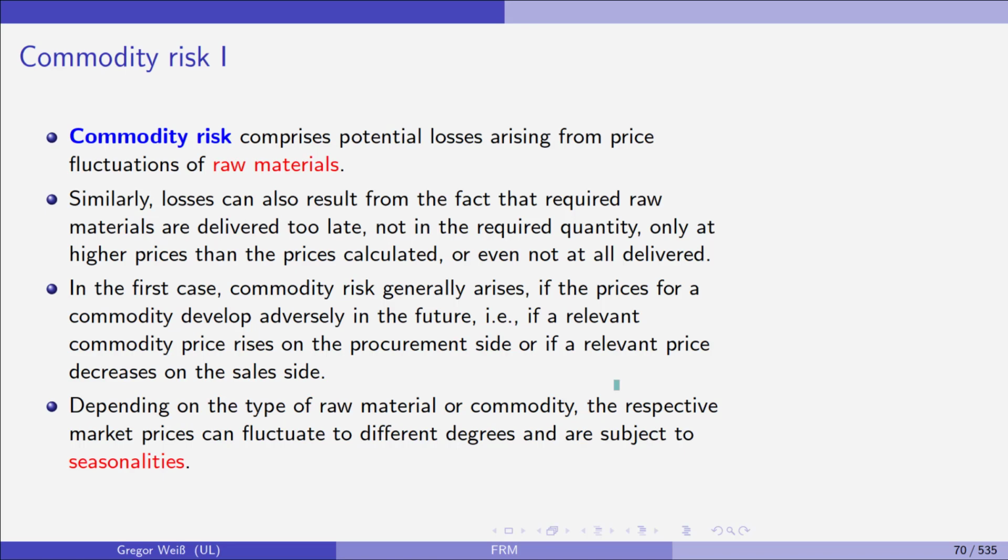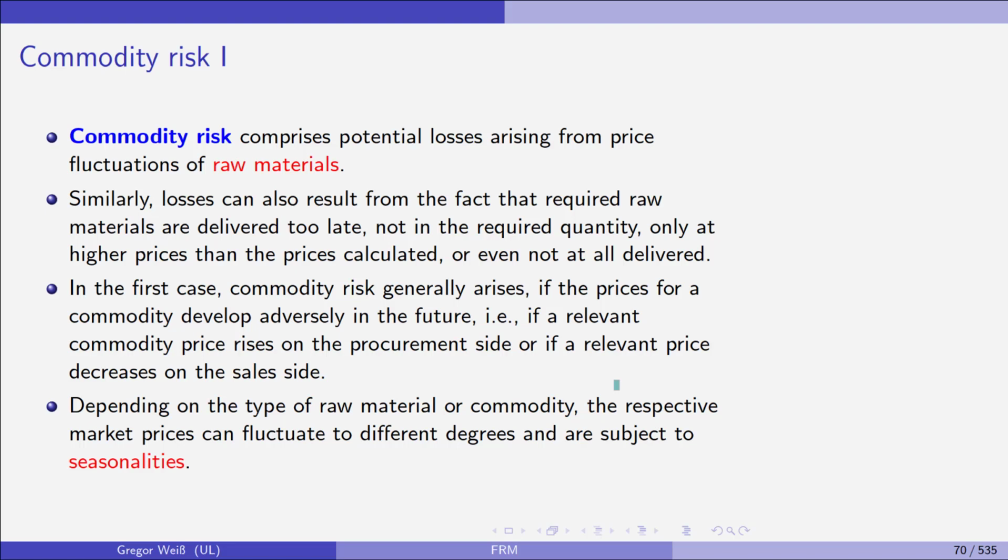Similarly, losses can also result from the fact that required raw materials are delivered too late, not in the required quantity, only at higher prices. Then, of course, all the prices again will be off. And if you don't get the commodities needed for your production, then again, obviously, you also have a risk.